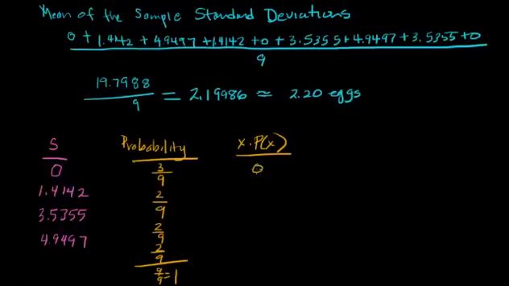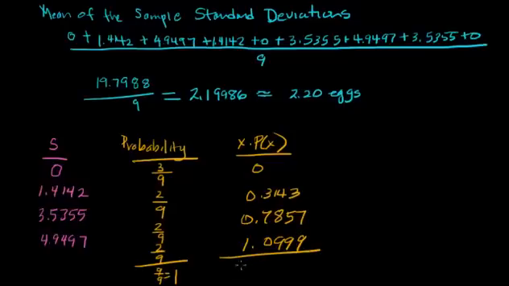And now our x times the probability of x. So that's 0, of course. And then here, I'm going to just go ahead and go to a decimal, 0.3143. That's when you multiply 1.4142 times 2/9. And 3.5355 times 2/9, 0.7857. And 4.9497 times 2/9, 1.0999.